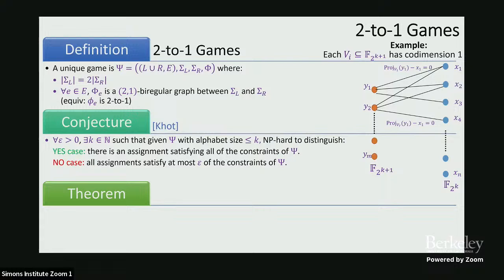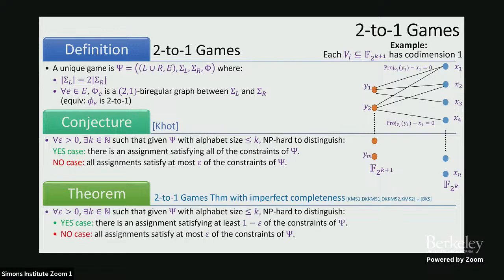And the theorem, which is roughly equivalent to something about unique games, says that, morally speaking, this conjecture is true, except for this satisfiability issue. In other words, for every epsilon greater than 0, there is some finite k, which bounds the alphabet size, so that if I give you a 2-to-1 games instance psi, it's NP-hard to tell whether it's almost fully satisfiable, namely you can satisfy 1 minus epsilon of the constraints, or it's barely satisfiable, namely you cannot even do epsilon.